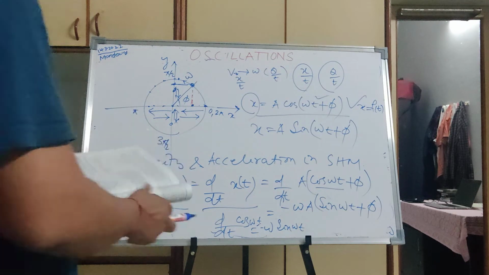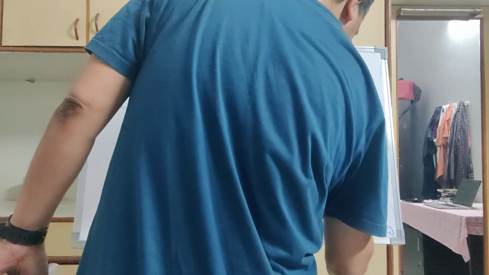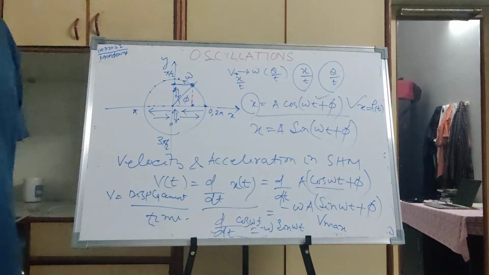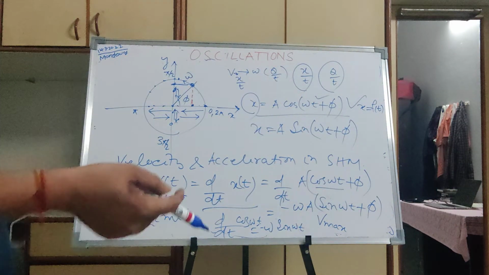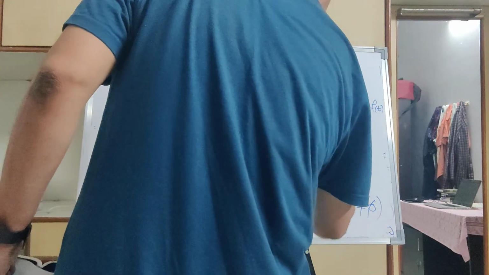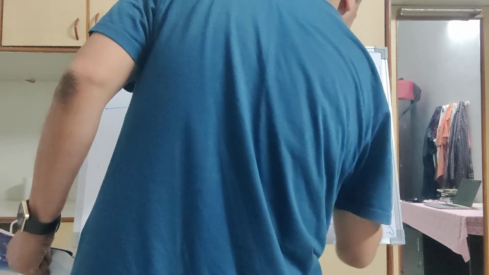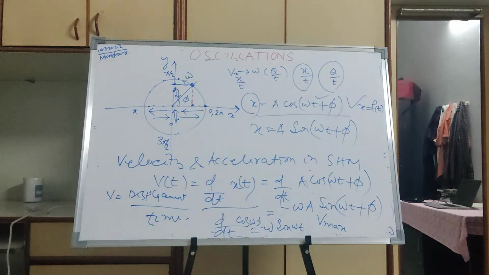So what is the maximum velocity? Maximum velocity, that is V max, is when sin of omega t plus phi is equal to 1. We should write it like this: omega t plus phi will be in the bracket, not sin omega.